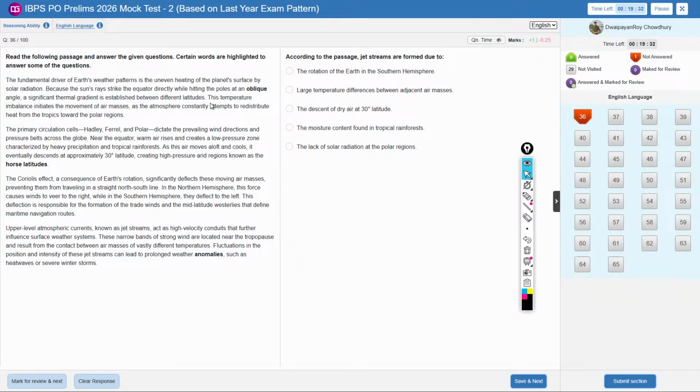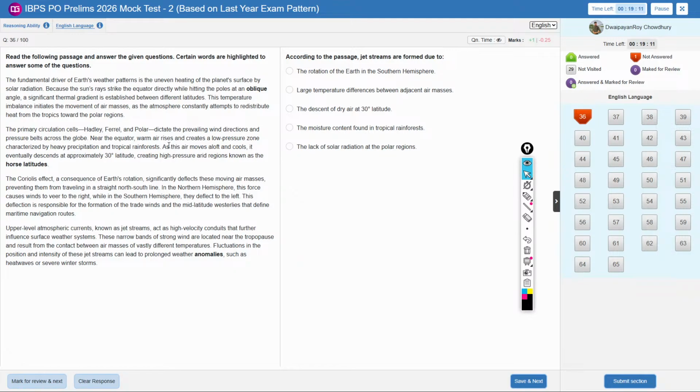The temperature imbalance initiates the movement of air masses as the atmosphere constantly attempts to redistribute heat from the tropics towards the polar region. The primary circulation cells, Hadley, Ferrel, Polar, dictate the prevailing wind direction and pressure belt across the globe.